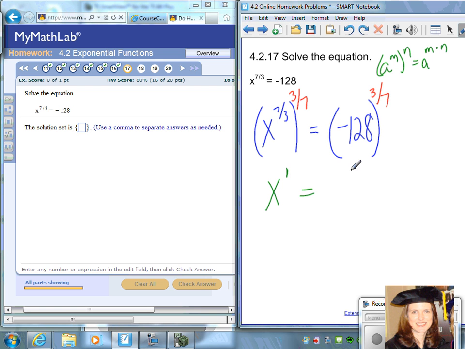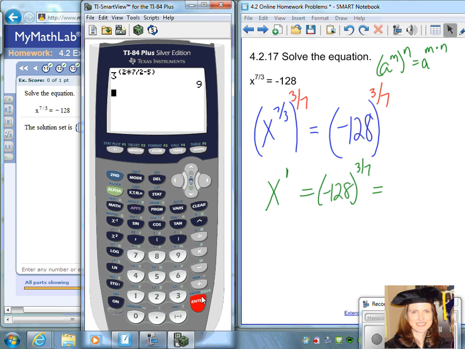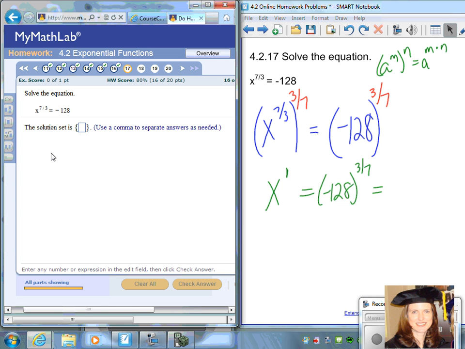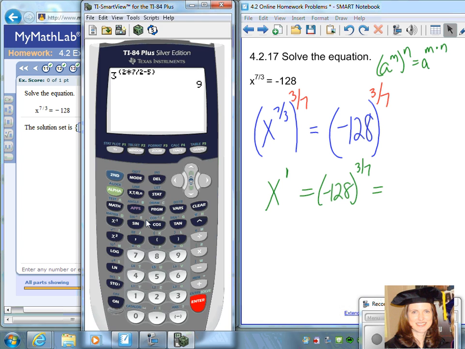And on the right side, you're going to have to use a calculator to get a decimal answer. So it's going to be negative 128 to the 3 over 7th power. I wonder if we can write that as exact, but let's check with a calculator first.